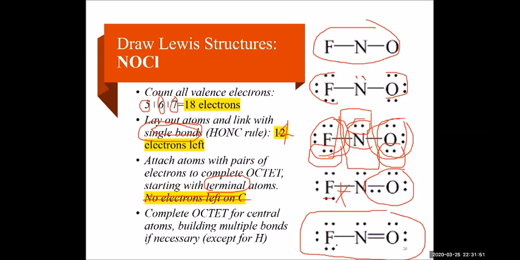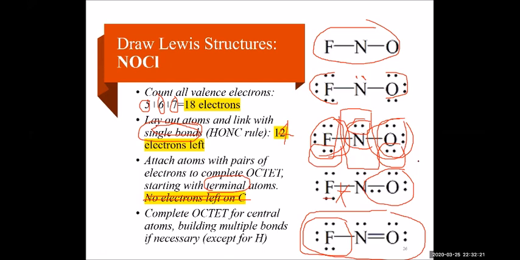Fluorine cannot, because after sharing, it would break the HONC rule if it formed a double bond. And also, if fluorine shared electrons, oxygen would end up with only one bond, and you would break the HONC rule twice. So that's how we draw the Lewis structure if you start from a formula. The HONC rule stays all the time.